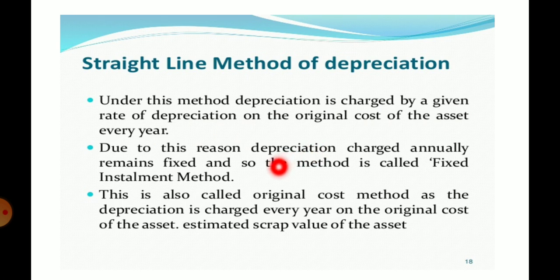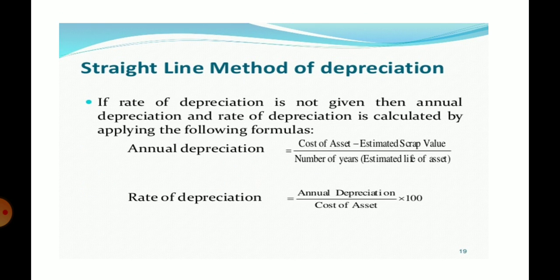Due to this, the annual depreciation charge remains fixed, so the method is also called the fixed installment method. It is also called the original cost method because it is charged on the original cost of the asset and estimated scrap value of the asset. So, if the rate of depreciation is not given, then the annual depreciation and the rate of depreciation are calculated by applying the following formulas.